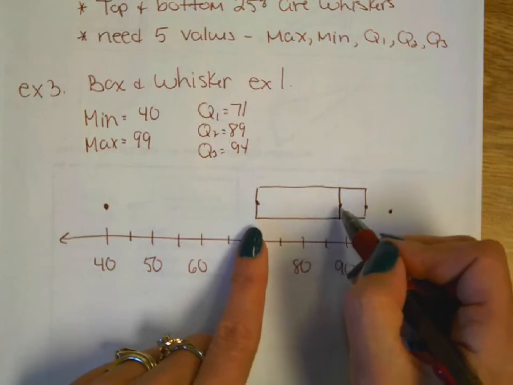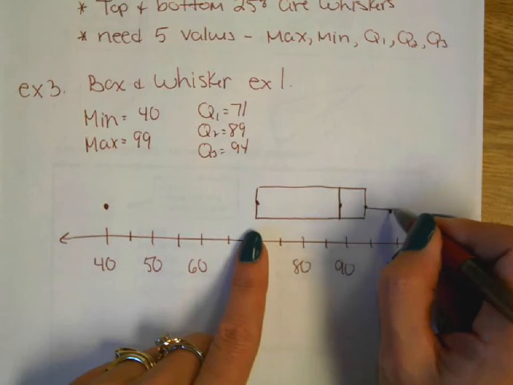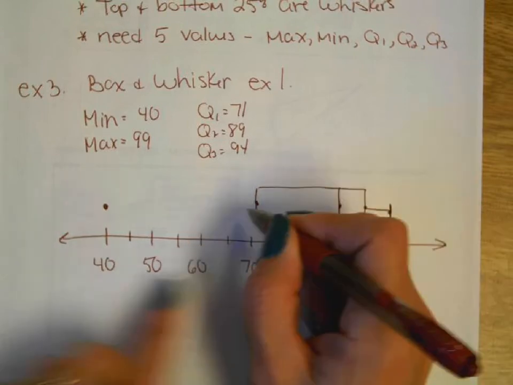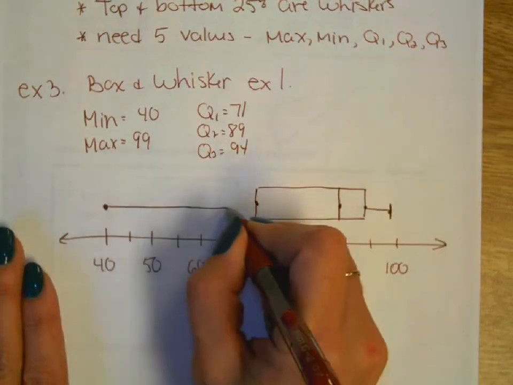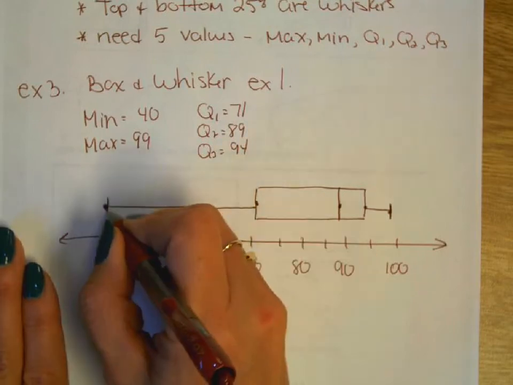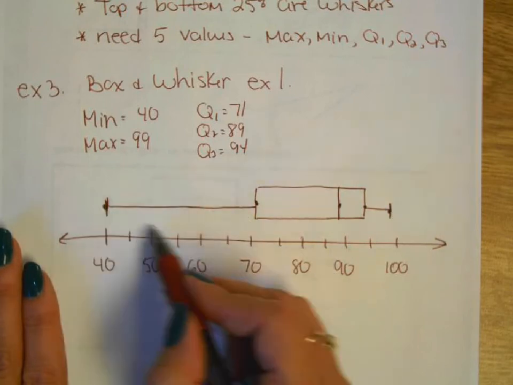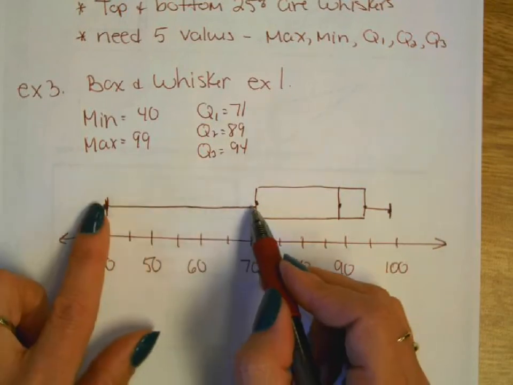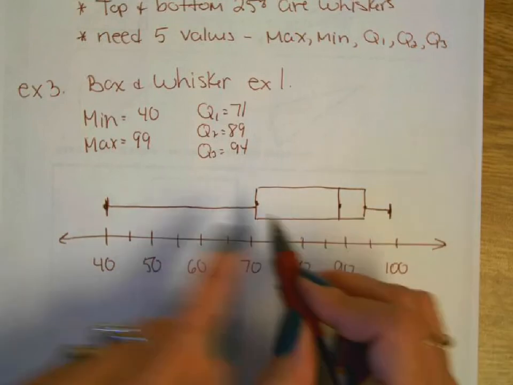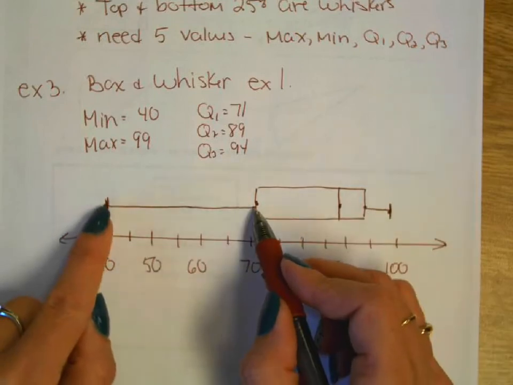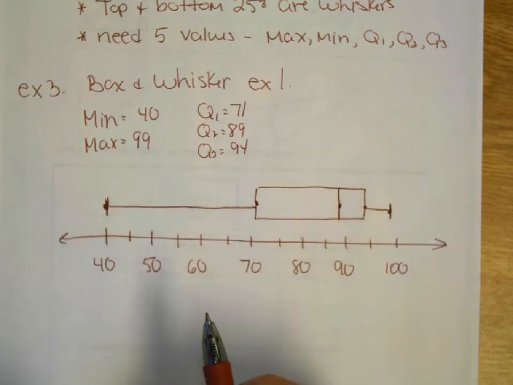Remember, it's how many values are in each chunk. The whisker, you remember, looks like this, and then the bottom whisker. Again, these chunks just representing how many data values are in here. You can see that these are more spread out. There's just as many data values here as there are here. So that's our box and whisker.